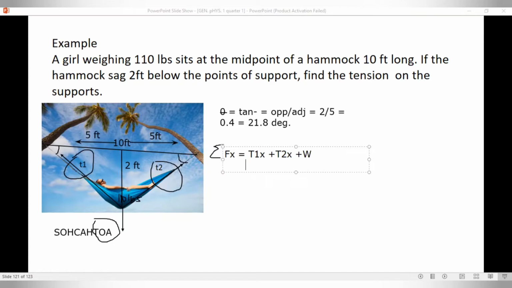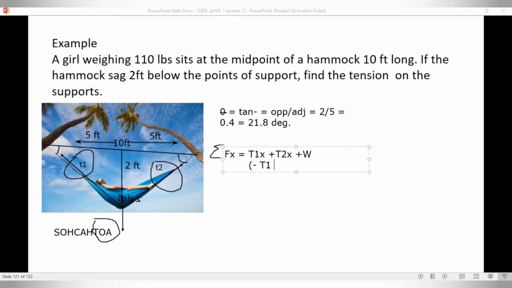And this is equal to, your tension 1 is equal to the inverse of, tension 1 mo is equal to negative T sub 1.